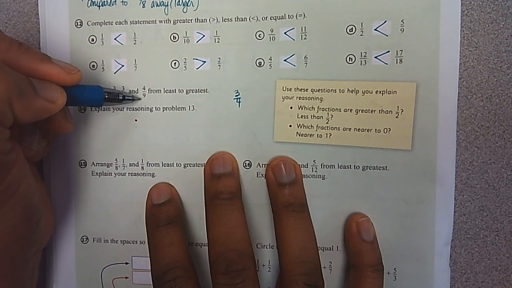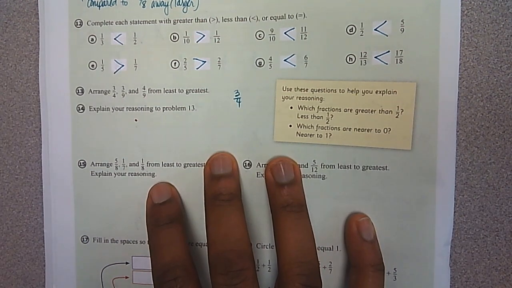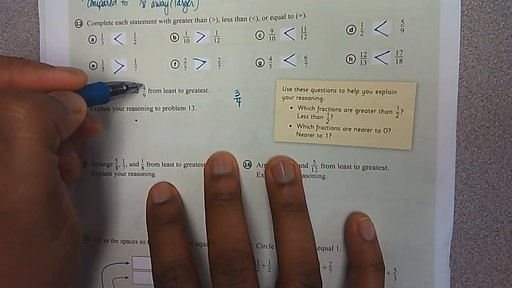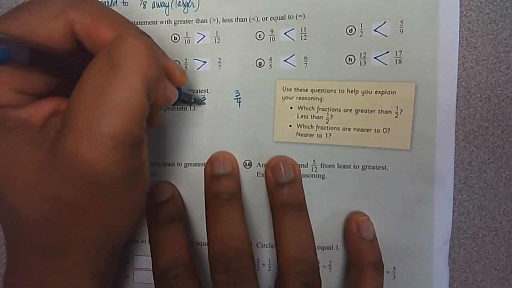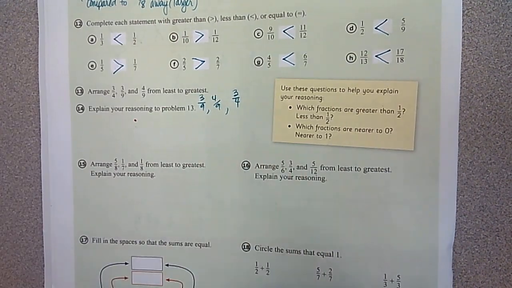Half of 9 is 4.5, so that's half of 9. That's less. So if this is 3/9 and that's 4/9, then 3/9 is going to be less, and then 4/9 is going to be there.